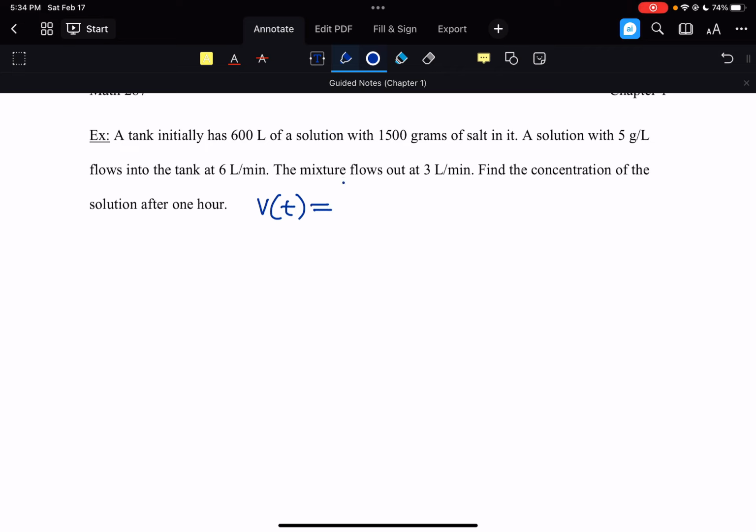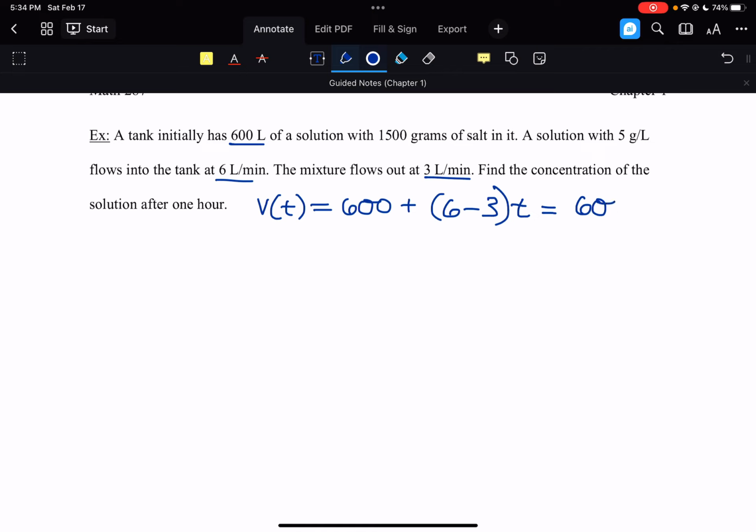If you look back to the previous page, that formula, the initial volume had 600 liters in it, plus it's flowing in at 6 liters per minute and flowing out at 3 liters per minute, times t.